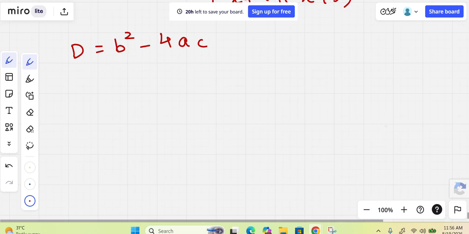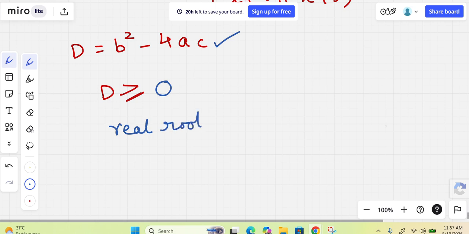If D is greater than or equal to 0, what will happen? For any particular equation, if you solve b square minus 4ac and you see that D is greater than or equal to 0, then you will understand that the quadratic equation will have real roots. Is that clear?